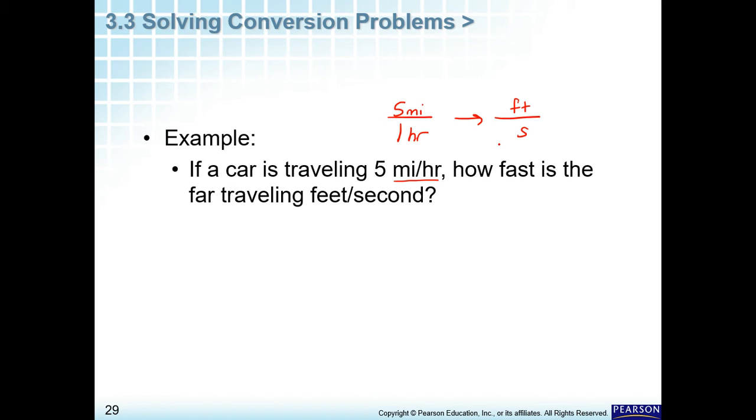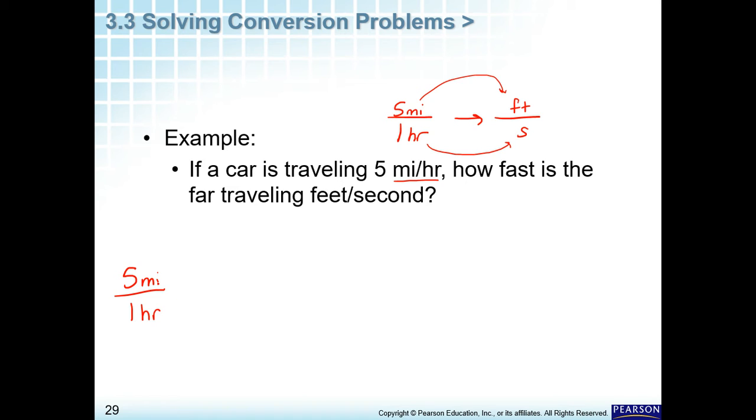Notice how I rewrote it. This is important and this will help you solve different problems. Now, the units on top are units of length. The ones on bottom are units for time. So when you solve this, we want to convert miles to feet, and then we need to convert hours to seconds. So let's go ahead and set this up. 5 miles for 1 hour.